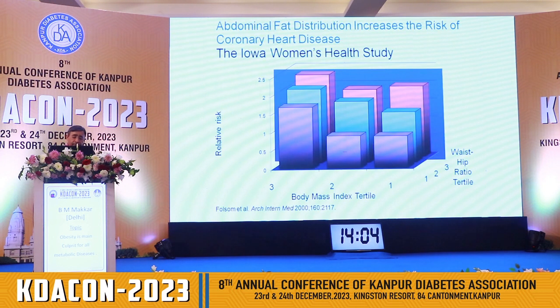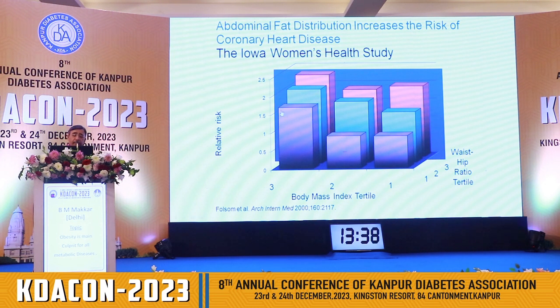This is data analyzed from two large studies, the Nurses' Health Study and the Iowa Women's Study, which had follow-up of almost 20 years, and they looked at the risk of CVD in women who had high BMI versus those who had high central fat or high central obesity.